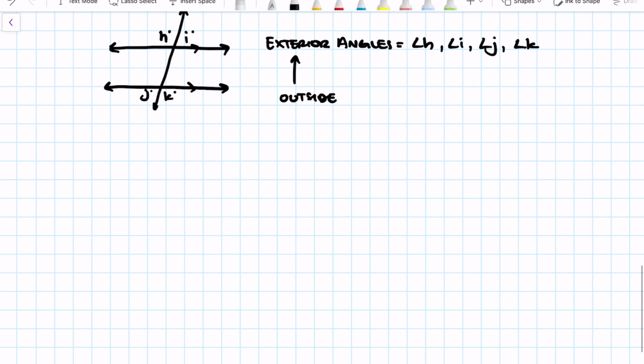Well, alternate exterior angles are actually an extended version of the vertical rule. So we could just say similar to vertical angles.